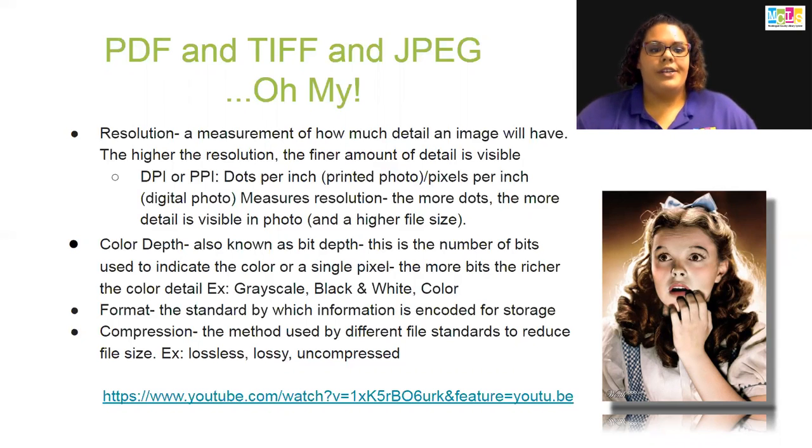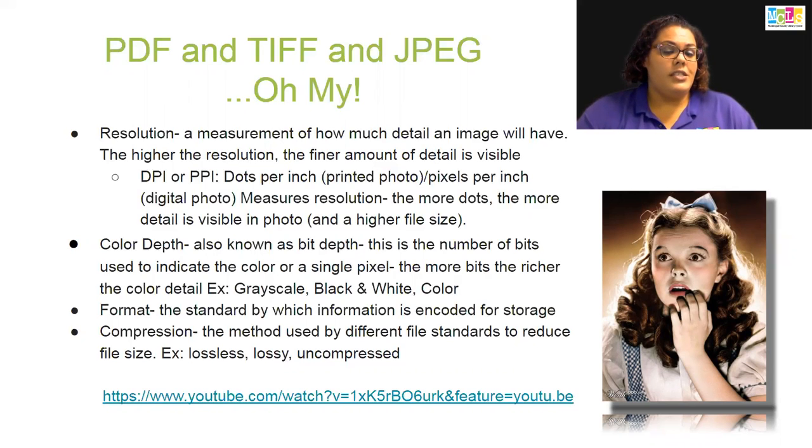So then compression is the method used by the different file standards to reduce the file size. And some examples of those are lossless, lossy, and uncompressed. Lossless is changing the file size. Like a TIFF would be, it's compressing the file, but it's not losing any resolution.